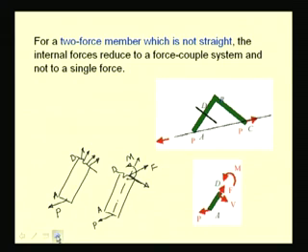So, this represents the resultant of the internal forces at D for this two force member. We have designated the axial force and the transverse force as F and V and the moment as M.